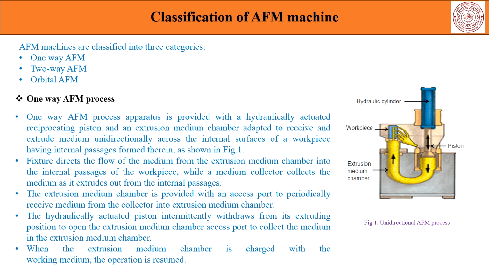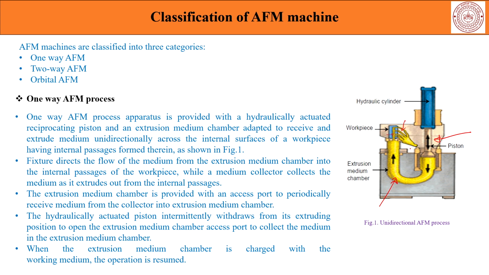Now, in the one way AFM, as you can see here, the apparatus is provided with a hydraulically actuated reciprocating piston and an extrusion medium chamber, which is adapted to receive and extrude a dense material medium containing the abrasive and the slurry around it in a unidirectional manner, and that goes across the internal surfaces or geometries of workpieces which need to be fine finished, and they can have internal passages, like you can see here, small passages coming out, through which the flow is being pushed, or even larger passages, for example, like this.